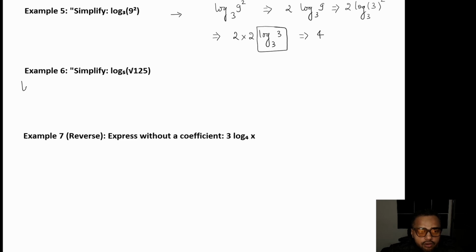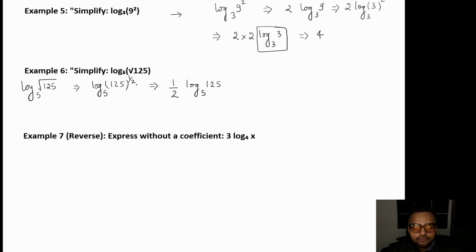Now for this, log of, base is 5 and the number is given as root of 125. We know that a square root can be written in fractional format as power 1 by 2. So we'll apply the power law here, and 1 by 2 will come out as a multiplier: 1 by 2 log of 125 base 5.